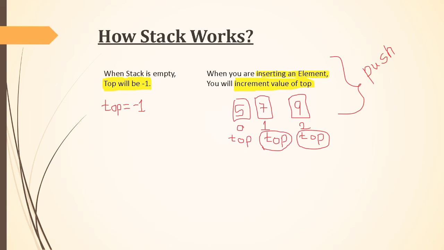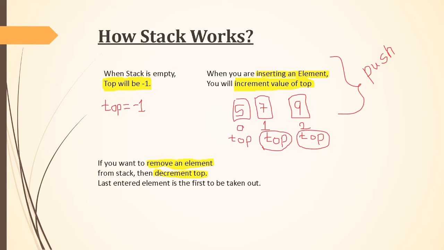What I'm doing here is adding the element, and that process is called push. I hope you understand the logic of push. For push, you increment the value of top as well as insert the element.